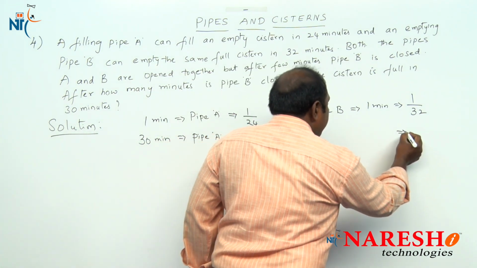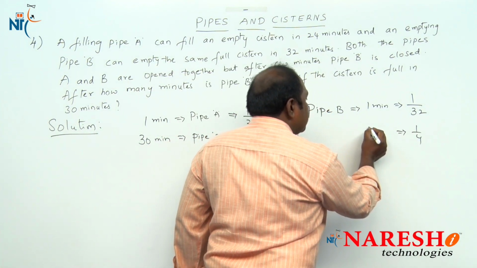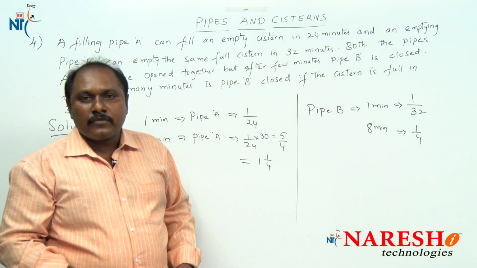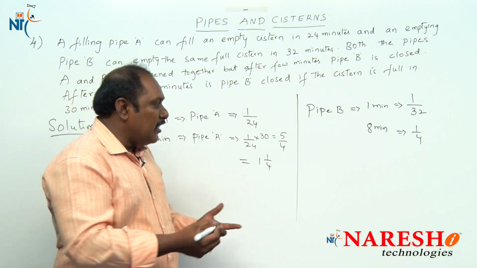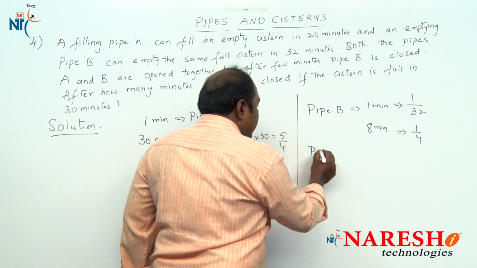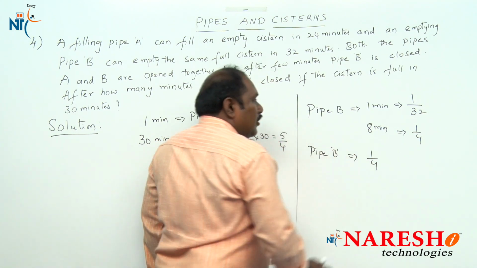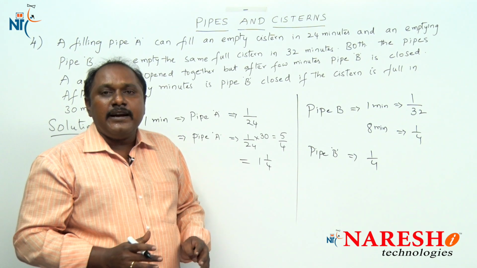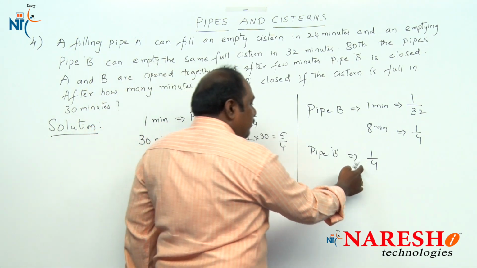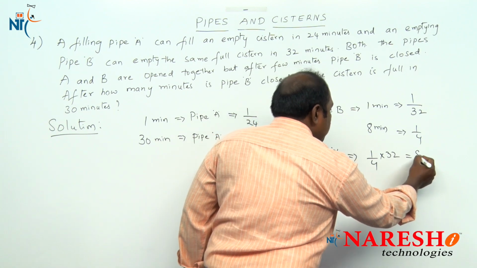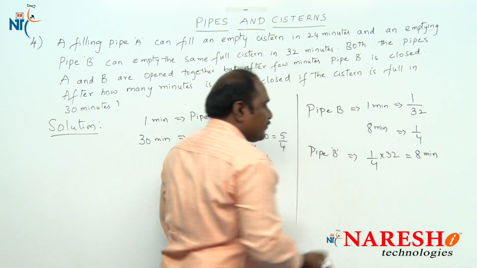So to empty 1/4 of the cistern, how many minutes will it take? Obviously it takes 8 minutes. Or directly you can tell the answer: pipe B has emptied 1/4 of the cistern. To empty one complete cistern, it takes 32 minutes. Then to empty 1/4 of the cistern, it should take 1/4 into 32, which is 8 minutes.